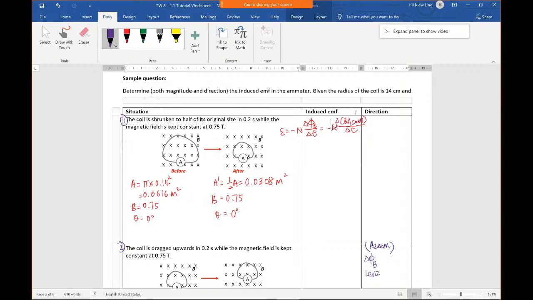Number of turns, no, number of turns is not equal to 1, it is 10. So simplify by moving out the constant. B is the constant.